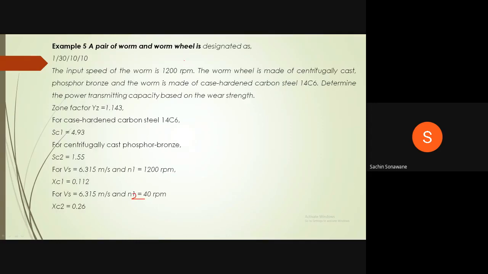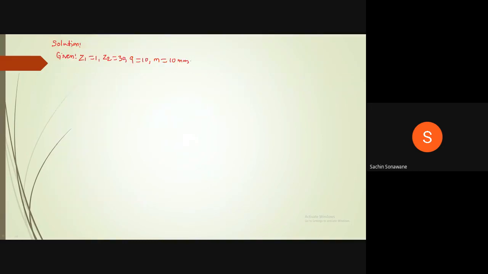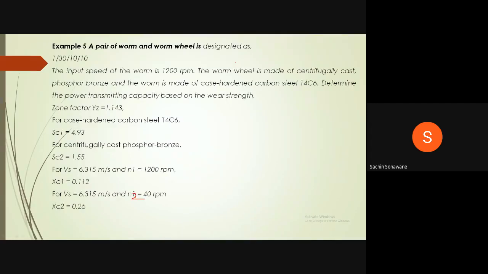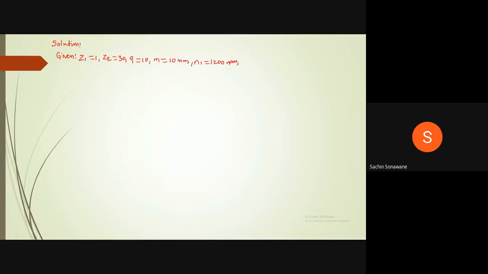Then what they have given? Input speed for the worm N1 is equal to 1200 rpm. Then they have given the zone factor YZ is equal to 1.143.